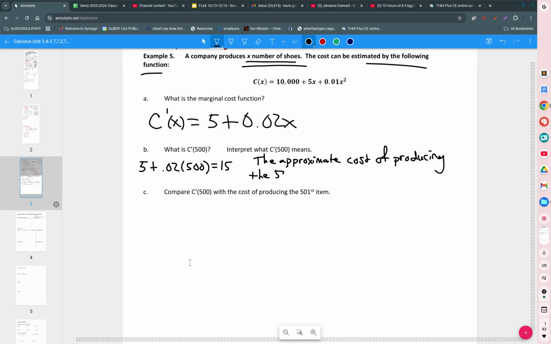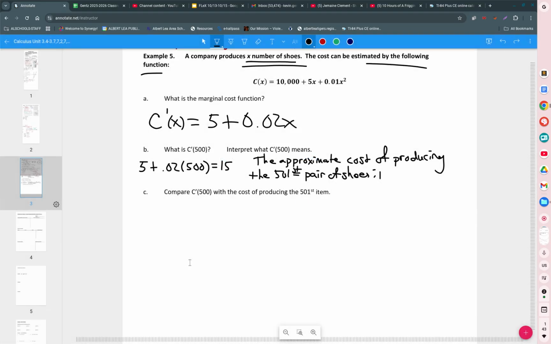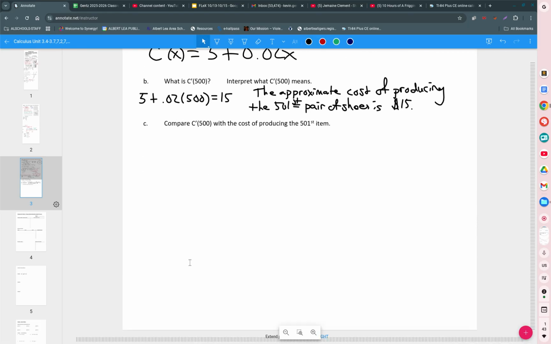The 501st pair of shoes is $15. $15 each. $15 for the 501st.